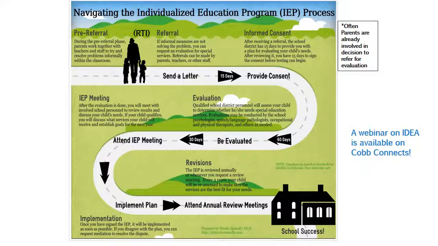For example, 60 days from when the parent gives consent, and then completing the evaluation, setting up an IEP meeting, holding that within 30 days, implementing the IEP, and then a year from the start of the IEP, having an annual review to review progress and develop new goals and objectives as needed.